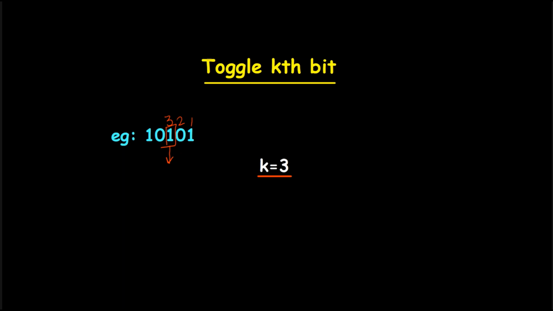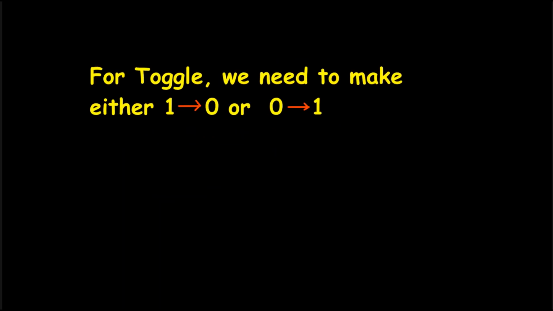Toggle means 1 to 0, so that I can get the resulting bit as this. So here we need to toggle this particular bit so that we can get this output. So how to do this?